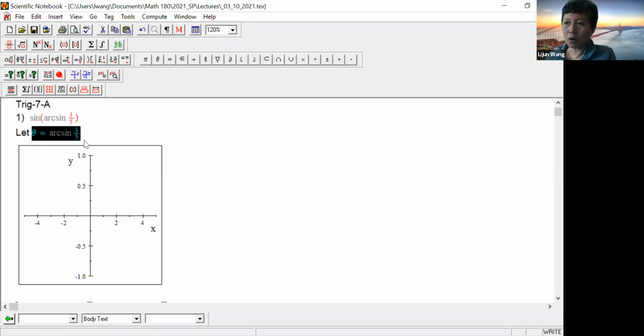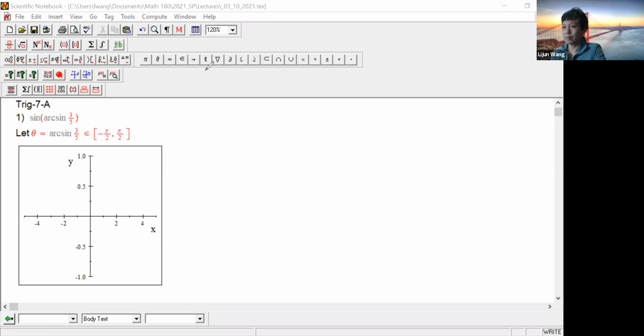This angle is going to be between what? Negative pi over 2 and pi over 2. Do you follow me? Because arc sine has that range, I don't need the other quadrants.